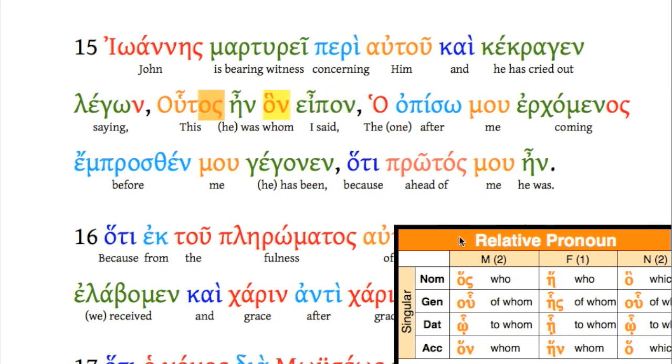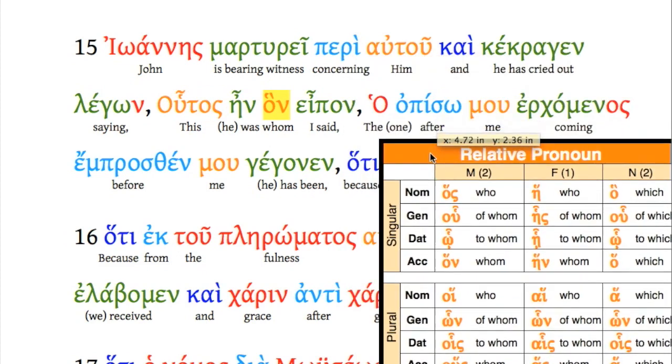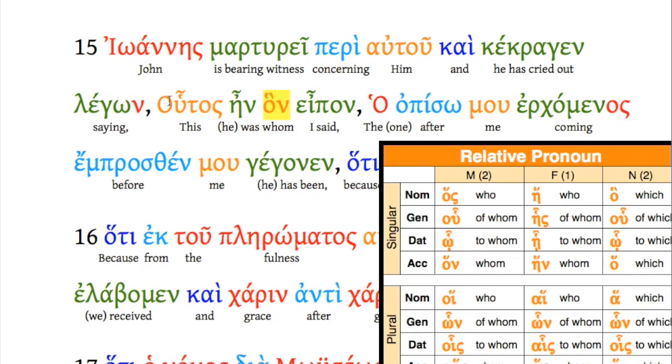Houtos, even though we might not have studied these pronouns yet, we recognize that ending. That's nominative singular masculine. Hon, we know, is accusative singular masculine. So why is that mixed up? Same as before. This is the subject of the sentence, but this is the object in the relative clause. I said him. See, it's receiving the action of the saying, so that's why it's accusative.